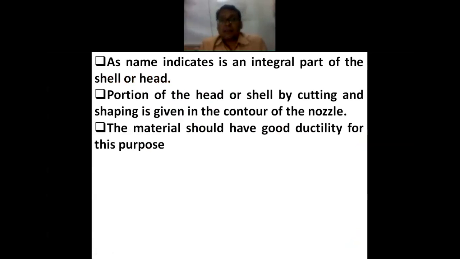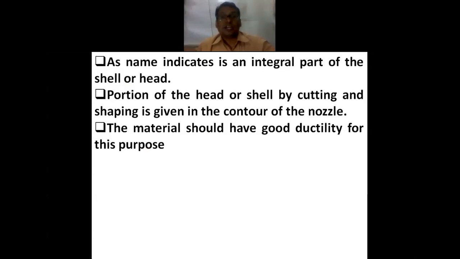Now, as the name indicates, it is an integral part of the shell or a head, and the portion of the head or shell, by cutting and shaping, is given the contour of a nozzle.